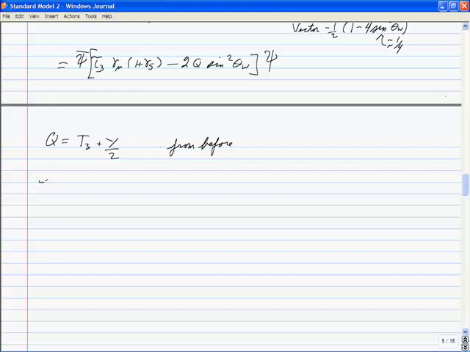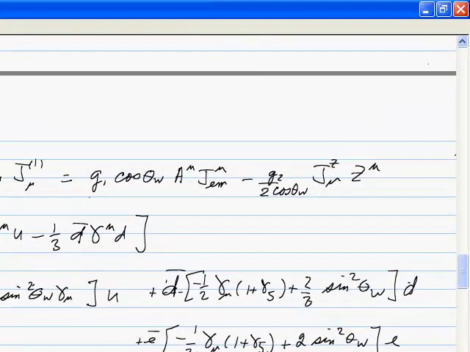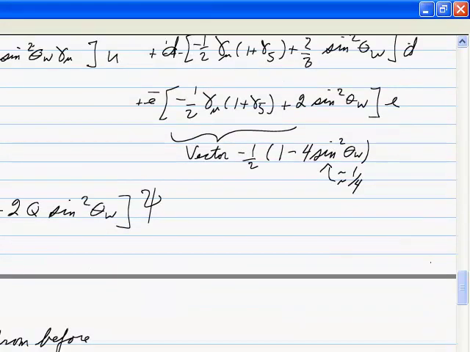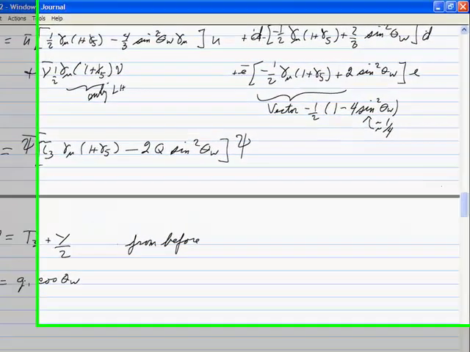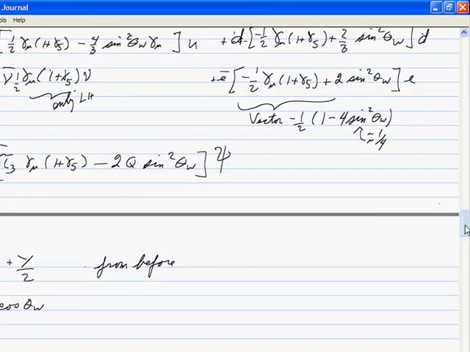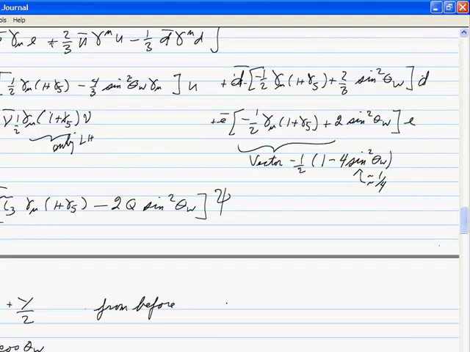It tells you that the electric charge E is G1 cosine theta W. And the other thing that you can see working backwards is that for all the right-handed fields, Q is y over 2 for any right-handed field.